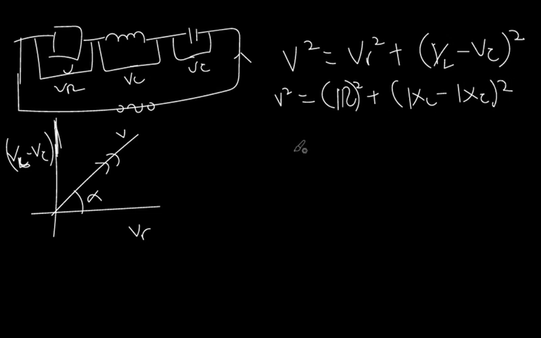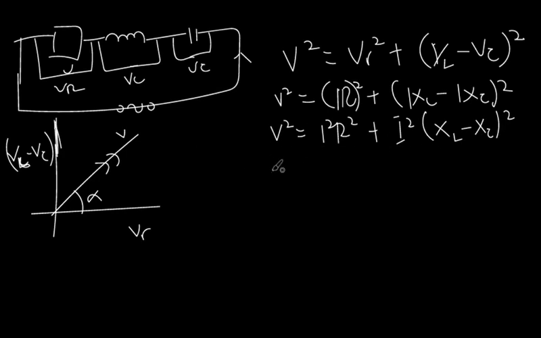If we expand this, we get V squared is equal to I squared R squared plus I squared outside the bracket, then XL minus XC squared.